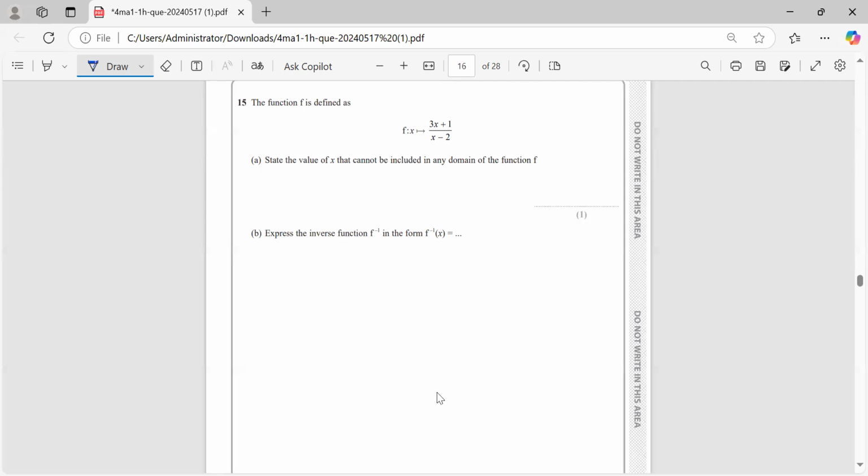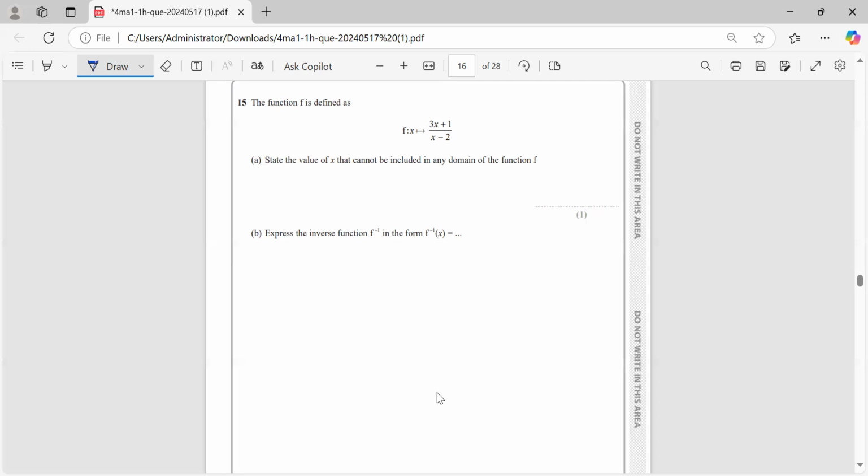All right. So this one is quite easy. You just look for the value of x on the denominator, such that if you substitute that value, you're going to get a 0. The reason why I'm saying that is because if ever you try to divide by a 0, your answer is going to be undefined. So that would be a value that cannot be included in any domain of the function f, right?